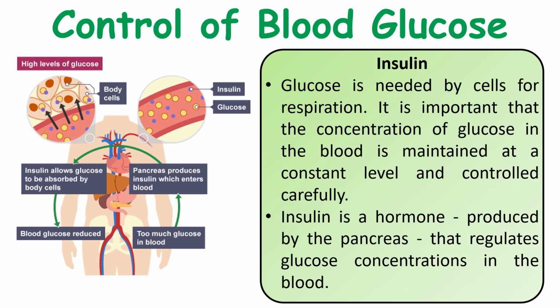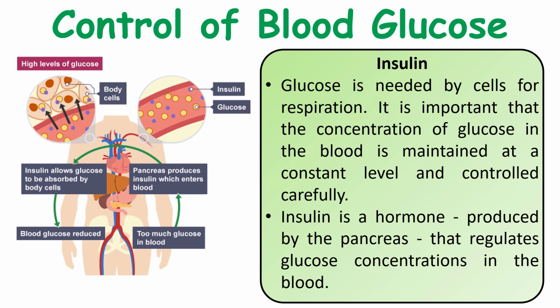So the first hormone that we want to speak about is insulin. Insulin is released when blood glucose is too high. Blood glucose needs to be maintained at a certain level, or else it will cause too much water to either move into the blood or out of the blood. It also needs to be kept at a certain level because a certain amount of glucose is needed for respiration.